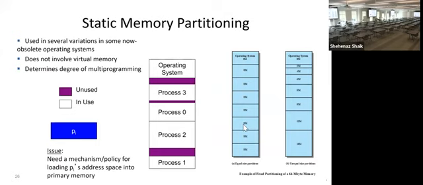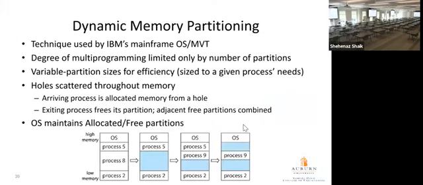Okay, whereas that is not the case here with the dynamic memory partitioning approach, because we are coalescing the adjacent holes, in other words, combining the adjacent holes and considering them as a single whole. So we should be able to cater to the needs of any large process.